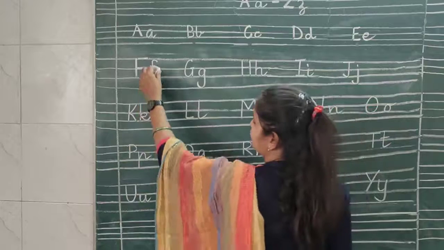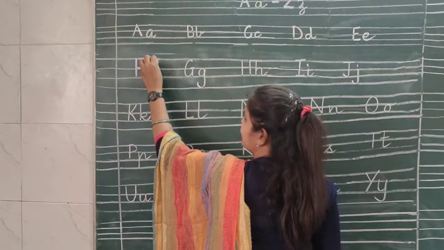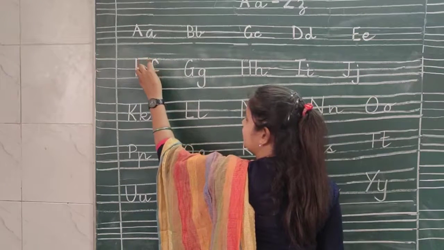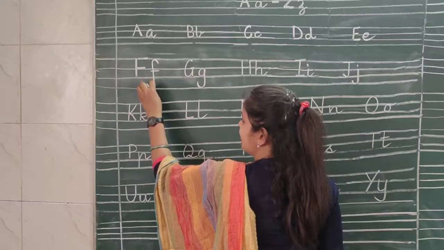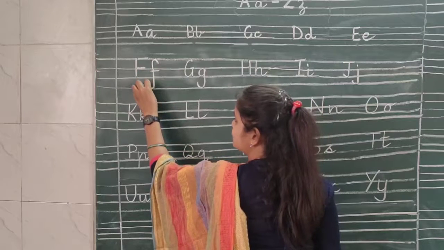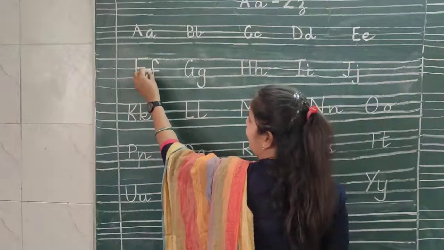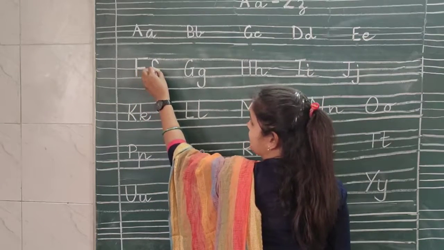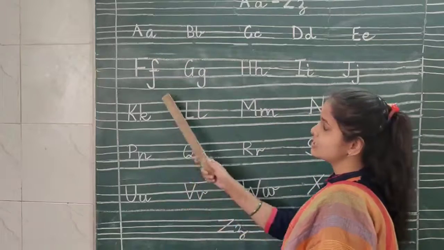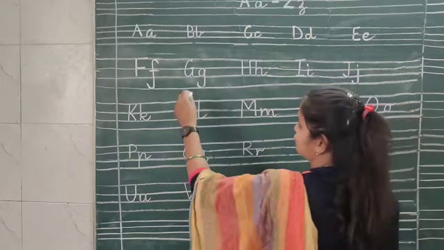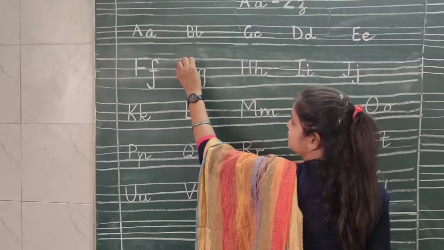Clear? Now small f, we will start from the first line, going down to the last line and then a small backward kick. We will put a backward kick and in between we will cut it like this. So this is small f. Now G. Pay attention children.